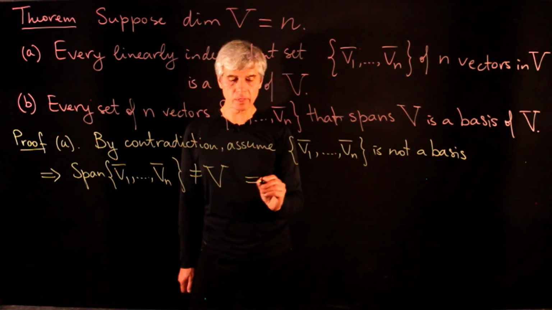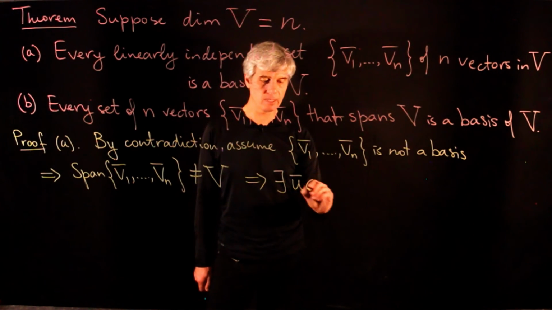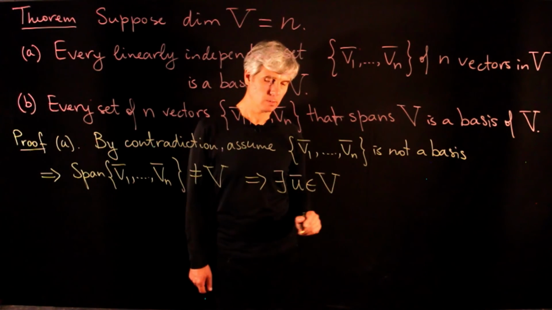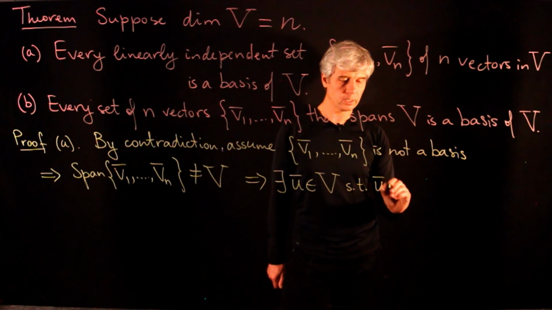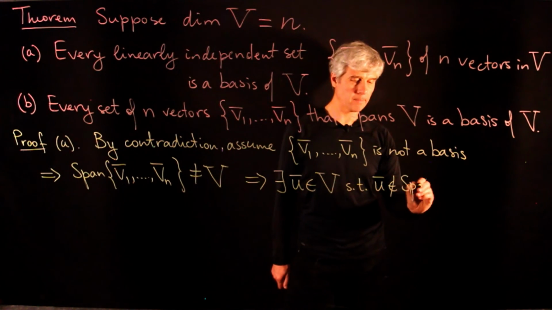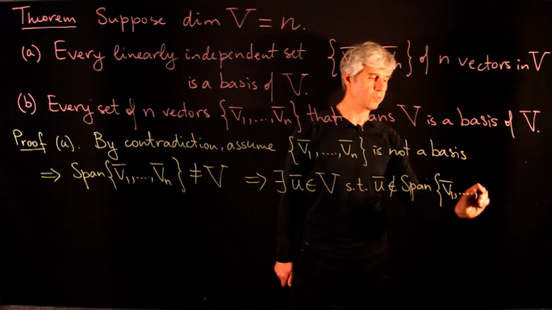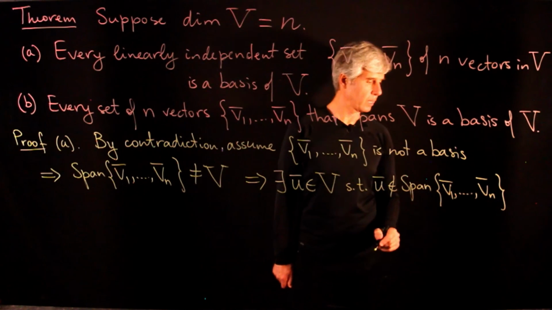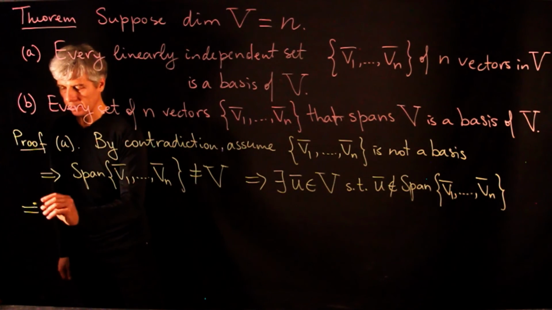It can only be smaller. And so then this tells us there exists a vector u in V such that u does not belong to the span of V1 through Vn. But then we had a lemma.